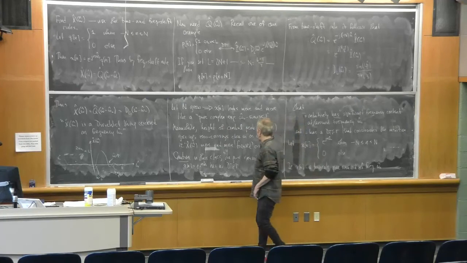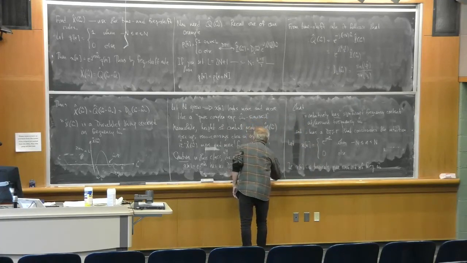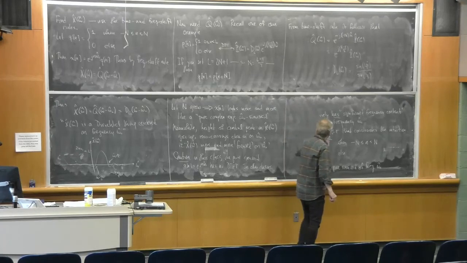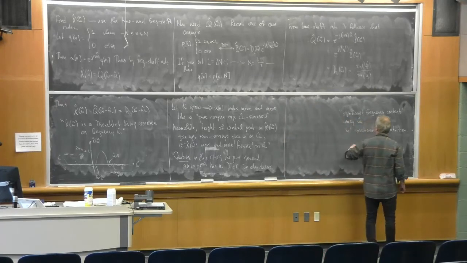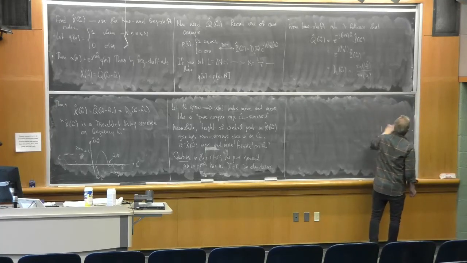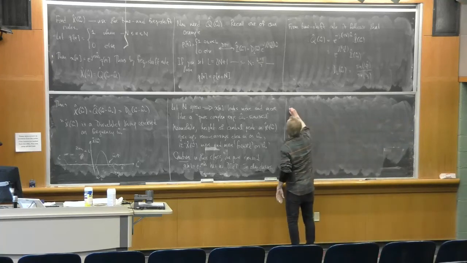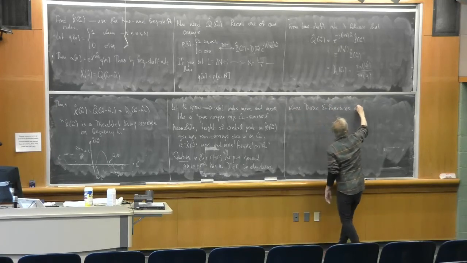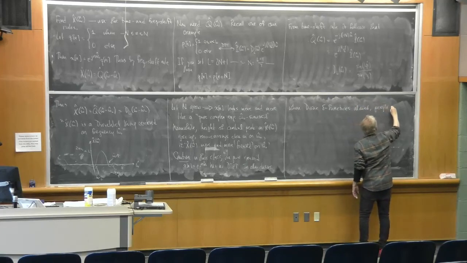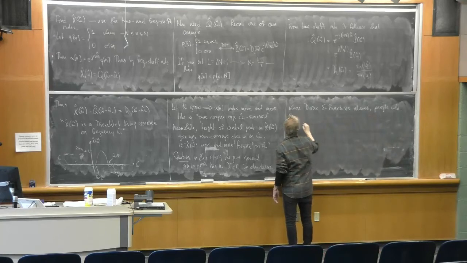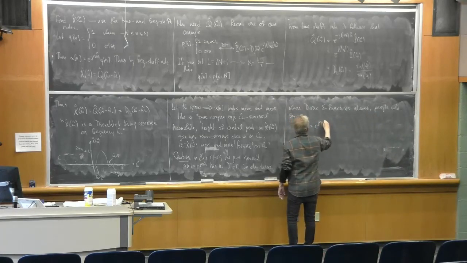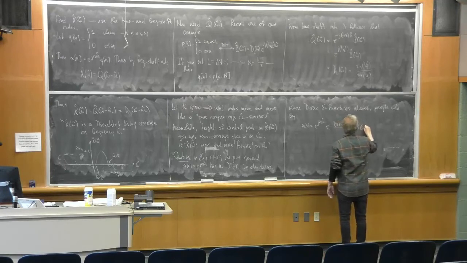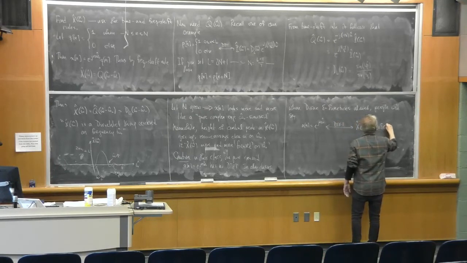In other classes, where Dirac delta functions are allowed, people will say that the signal x of n equals e to the j n omega 0 hat does indeed have a DTFT, and that DTFT is 2 pi delta of omega hat minus omega 0 hat.